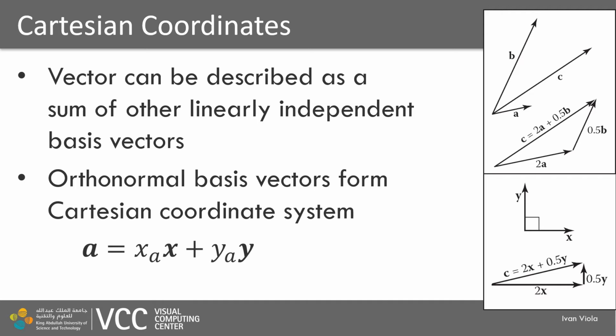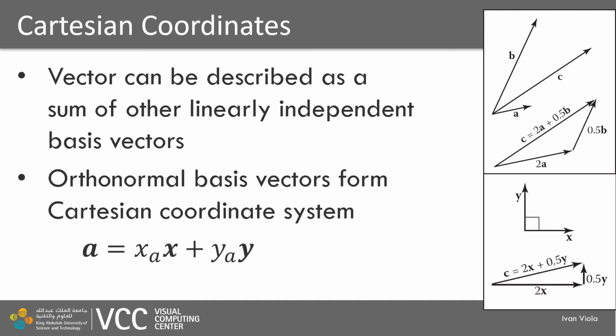They are not equally sized, and they are not nicely perpendicular to each other. And yet, we can, with these 2 vectors, express the vector C. Just look how it can be achieved. The vector C can be expressed as a sum of 2 times the length of vector A plus half of the vector B, and we will obtain the vector C.